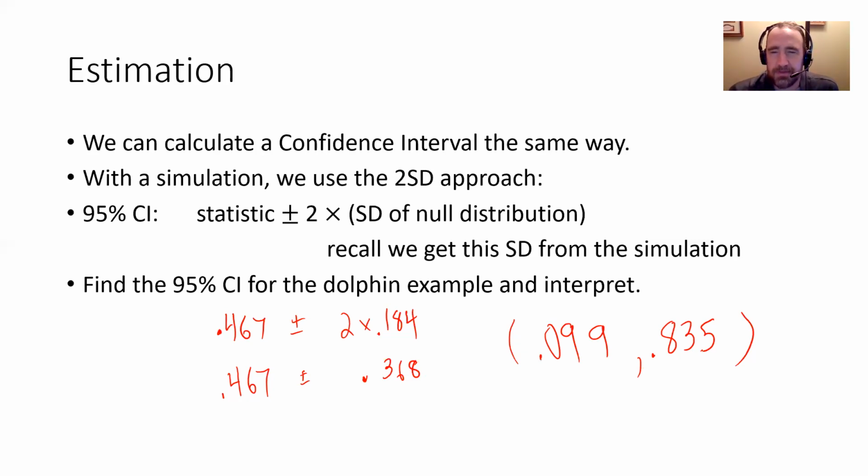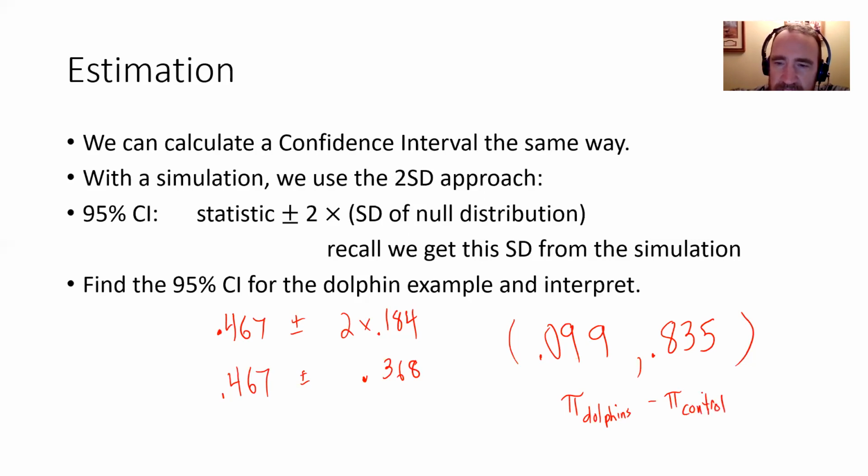Let's interpret that. The base interpretation for every confidence interval turns out to be the same. We believe our parameter falls in there. The key question for us is, what is our parameter here? And that is what we had in the null hypothesis, pi dolphins minus pi control.